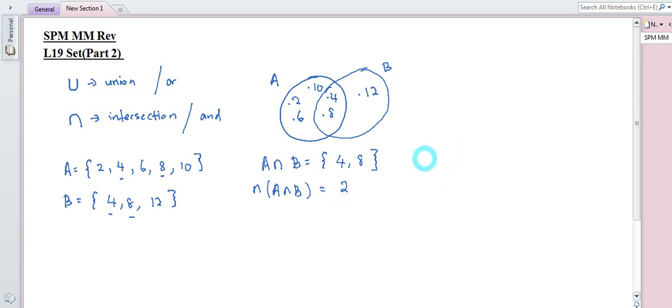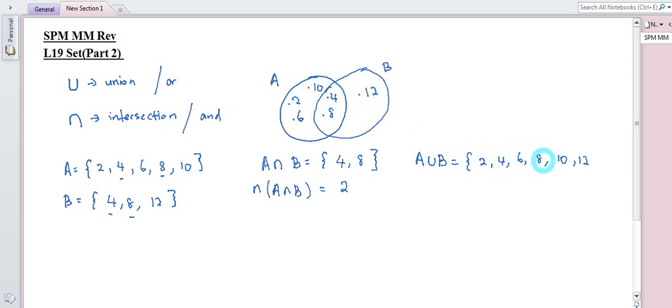When I want you to list out the elements for A union B, it means the elements must be in A or B. So we take all the elements here: 2, 4, 6, 8, 10, and 12. We check: 1, 2, 3, 4, 5, 6.